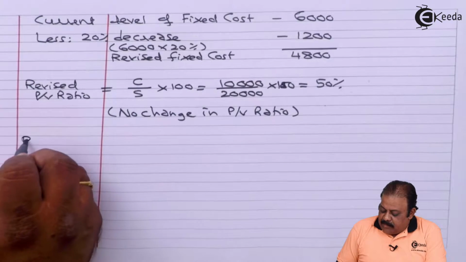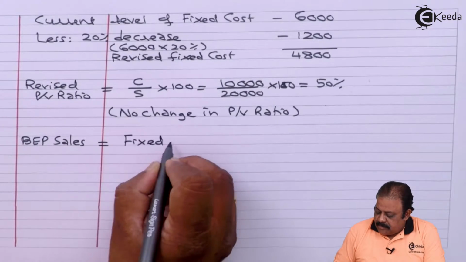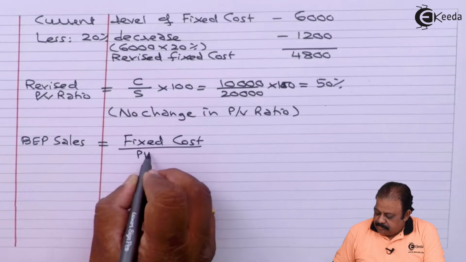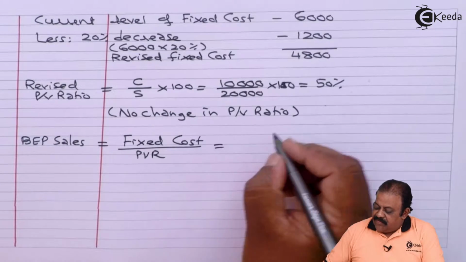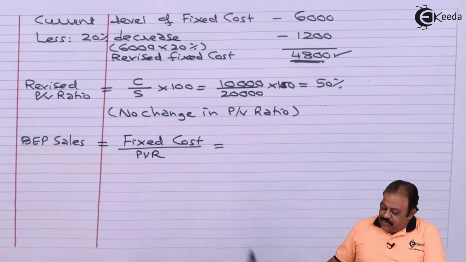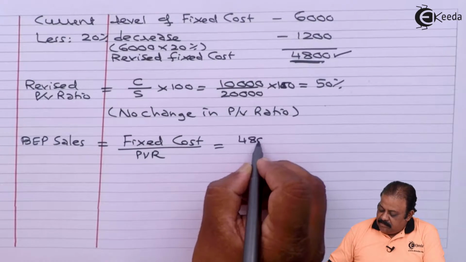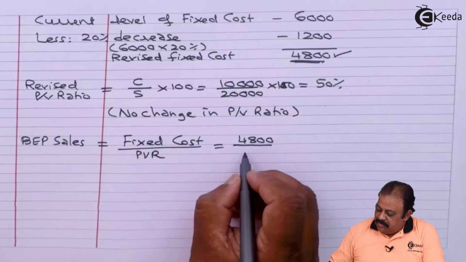Next comes break-even point sales. Fixed cost divided by PV ratio. Now there is change in fixed cost. Revised fixed cost is 4,800. So fixed cost will be 4,800 divided by PV ratio 50%.